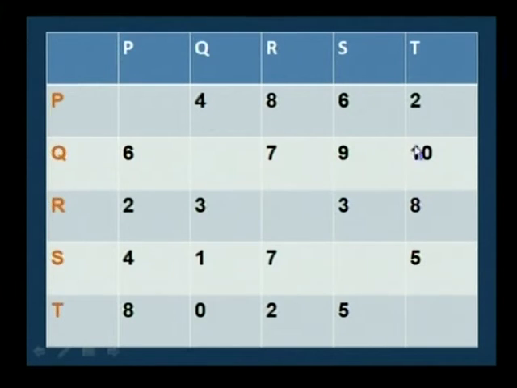Your intelligence lies in understanding the table. This is how you read.